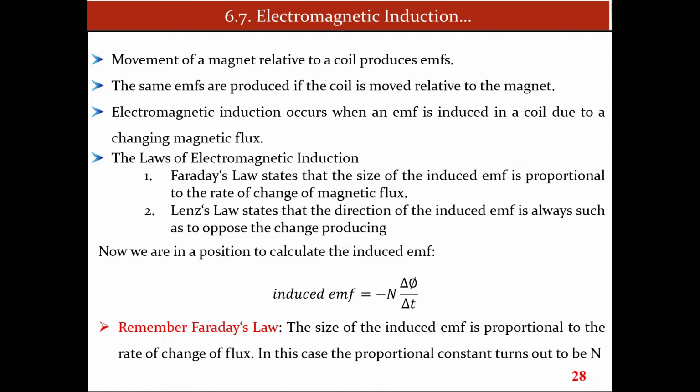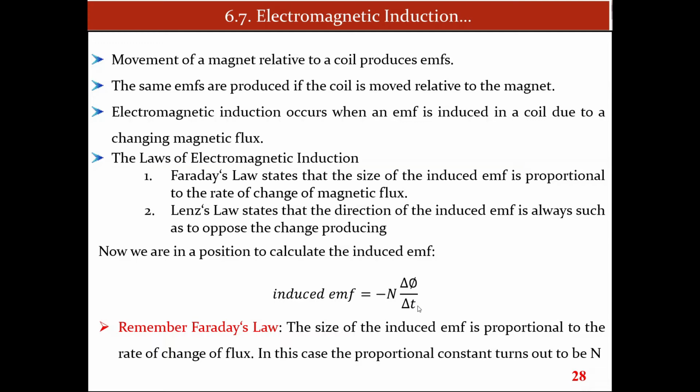We know that flux is equal to magnetic field B multiplied by area, so it's possible to replace the change in flux with area times change in B. When we modify the formula, the induced EMF is equal to minus N, the number of turns, multiplied by the area, multiplied by change in B over change in T.